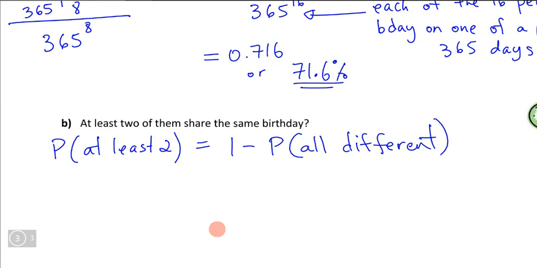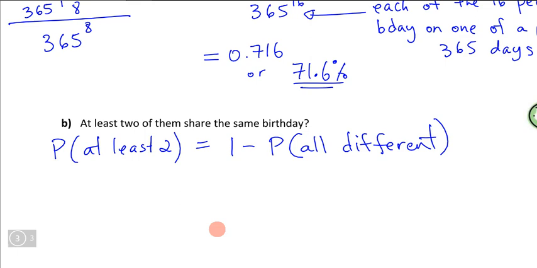Now I hope that logically makes sense. Think about that for a moment. You might wonder, why didn't you say at least 1 would be 1 minus P of all different? Well, that wouldn't make any sense because you can't say at least 1 person has the same birthday as 1 person. You have to have at least 2 people to count these kind of questions. You have to have a pair of people to compare.